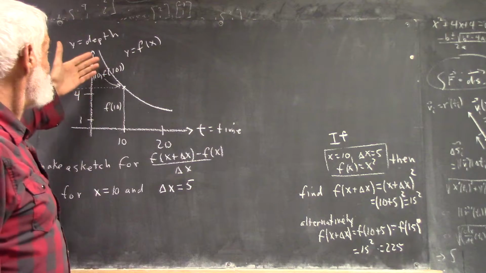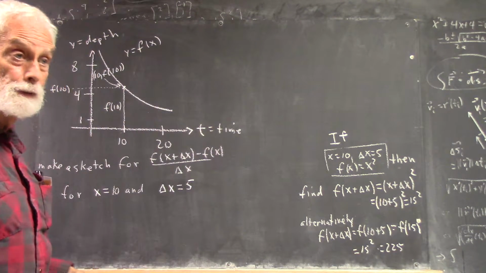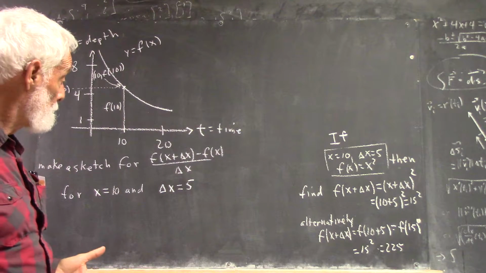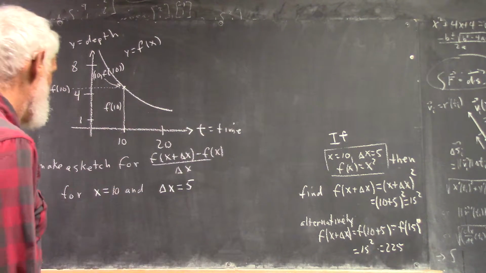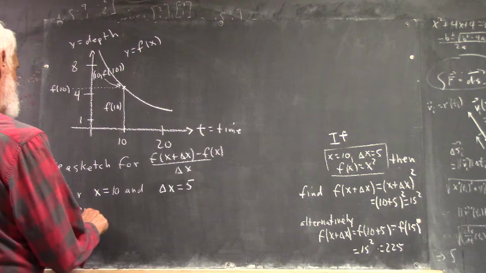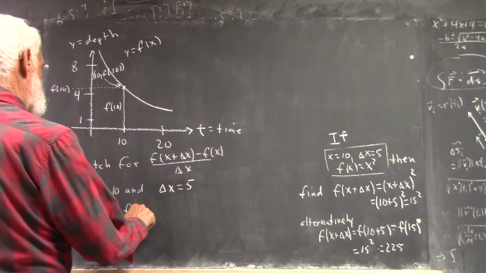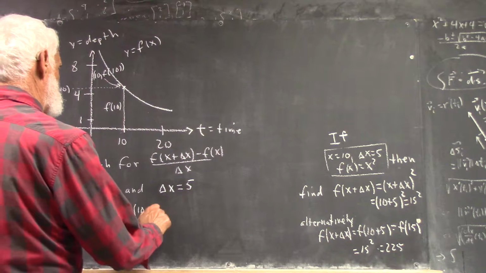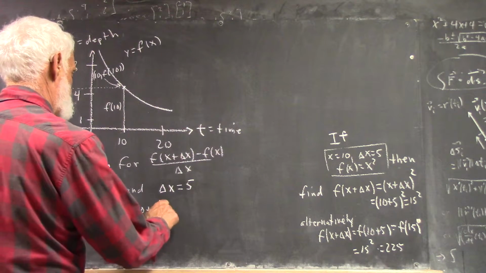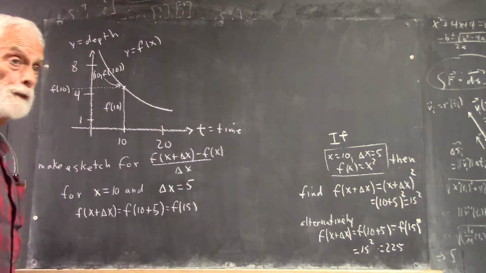But see, this is not the squaring function. This is a different function. We don't know what the function is, but whatever it is, I'm going to write 15. f of x plus delta x is f of 15.